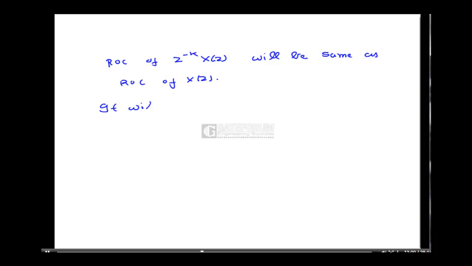It will not contain z equal to 0 if k is greater than 0, and z equal to infinity if k is less than 0. Only these two things will not be there, otherwise the ROC will remain the same.